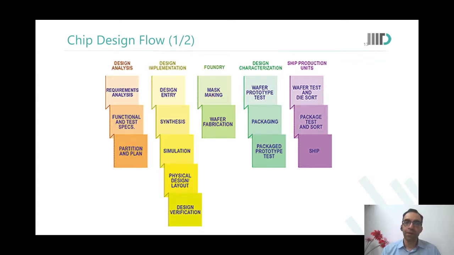Okay. In fact, just after this step, if you look, the step is called partition and plan. What do you think this means? Dividing the whole strategy. Dividing the whole strategy of how to implement all the things related with it. Yeah.